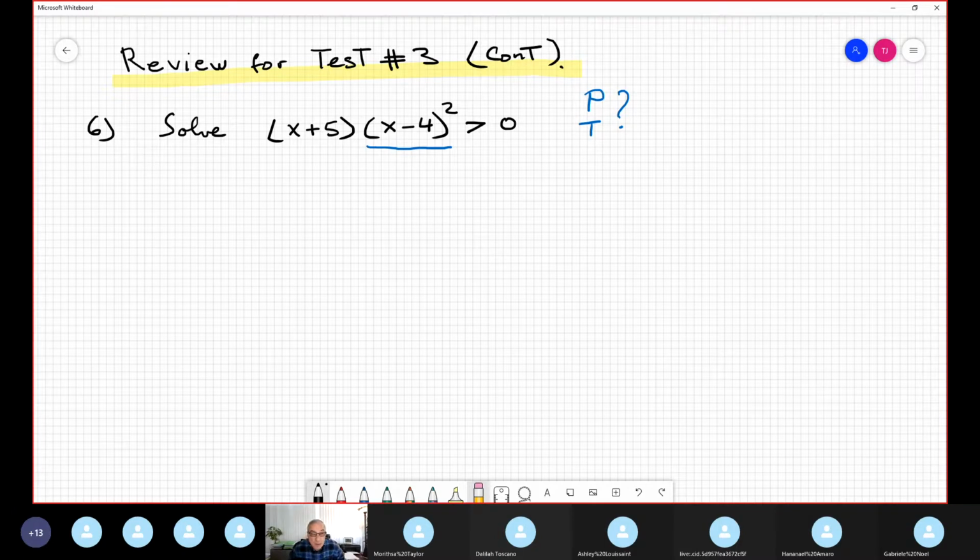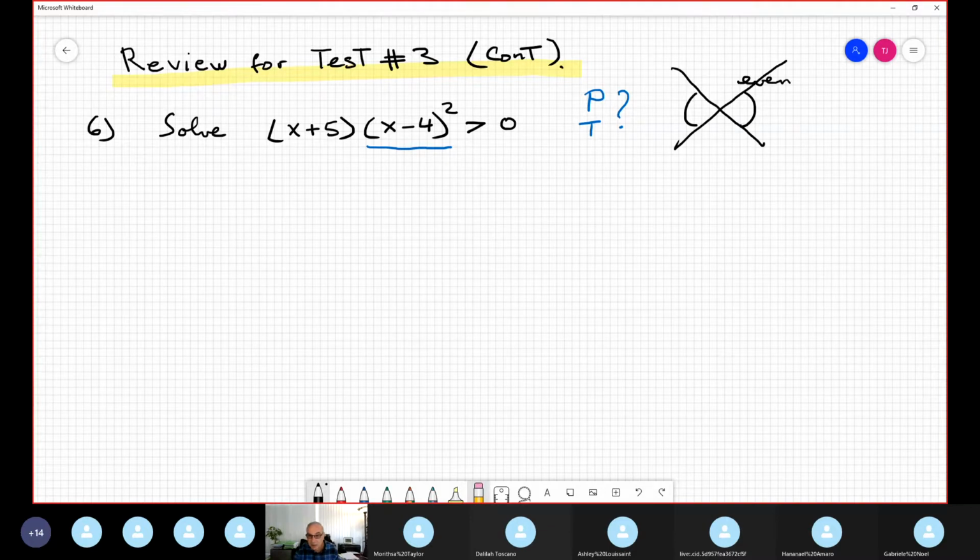Okay. When you face a problem like that, in which the left-hand side polynomial expression is already in factored form, you see that when you have a factor raised to an even exponent, any factor raised to an even exponent, we can delete.